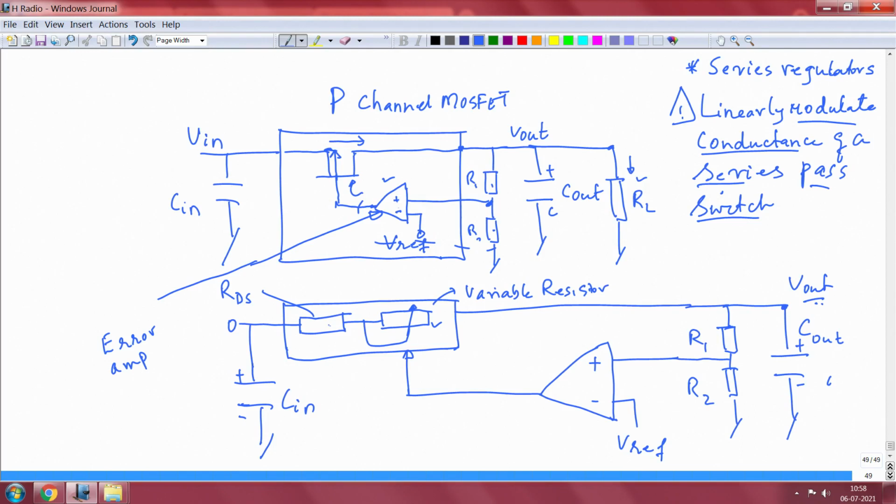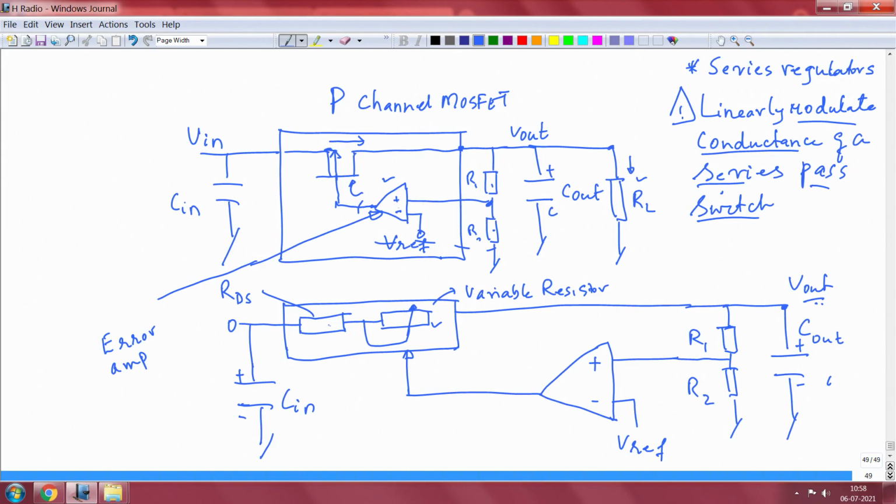So, if load current changes, V out tries to go out of regulation, that is sensed by these two resistors and appears at the input of the error amplifier. The difference between Vref and the sensed sample from V out is now higher.